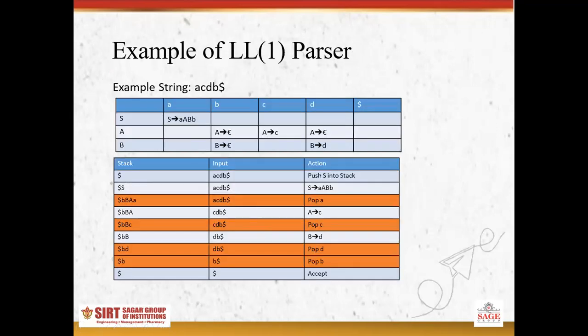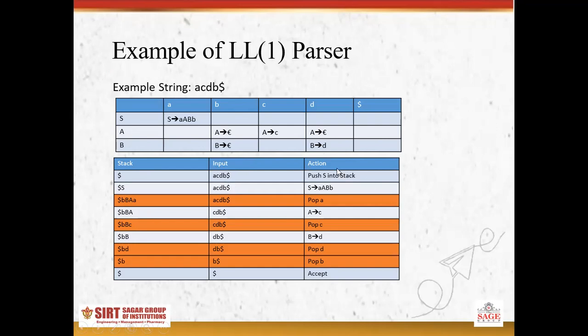Now, suppose a string is given to us, acdb dollar, showing that the string ends here. How can we start? We take three columns. First of all, we have a stack. Then the input string, whatever is given, acdb dollar.